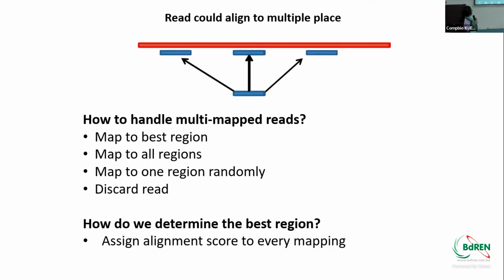Say one read is mapping to three regions. How do we decide which one to take? We need to see which is the best region and which is mapping randomly, and then we can have an alignment score for each. We keep the better alignment score and discard the others.